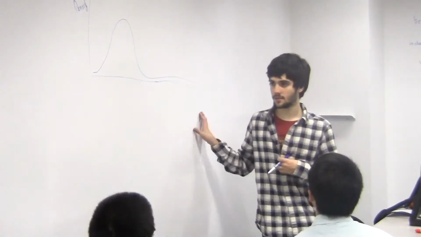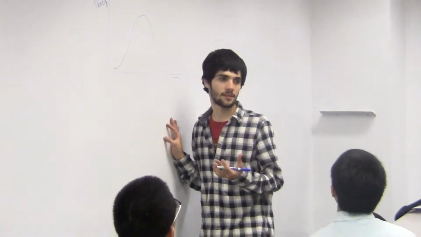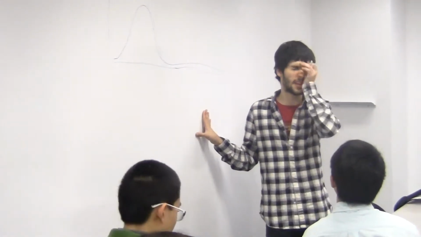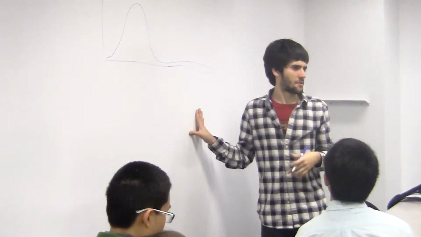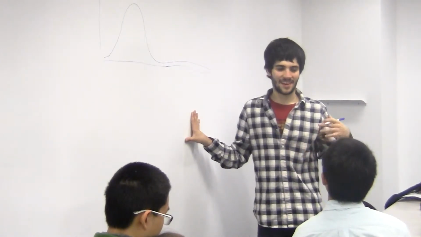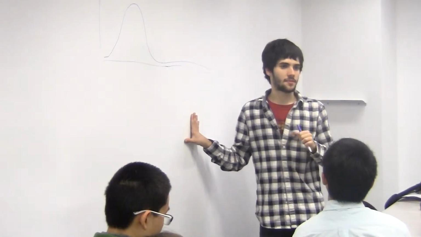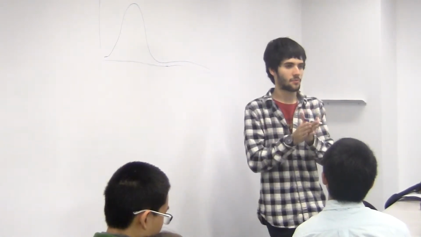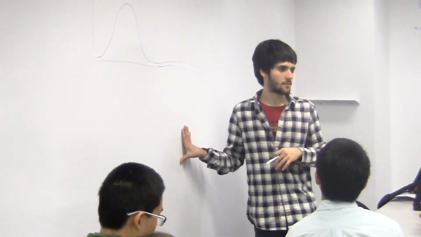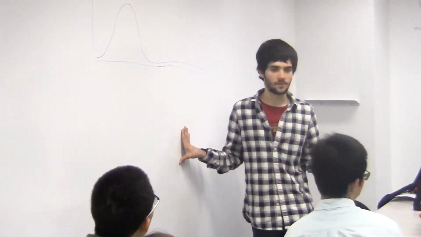So for instance, in a binomial distribution, if you have a 20% chance of winning the lottery for some reason, you're a very lucky person, then if you play the lottery 5 times, there's a 50% chance that you will have won the lottery in at least one of those 5 times.